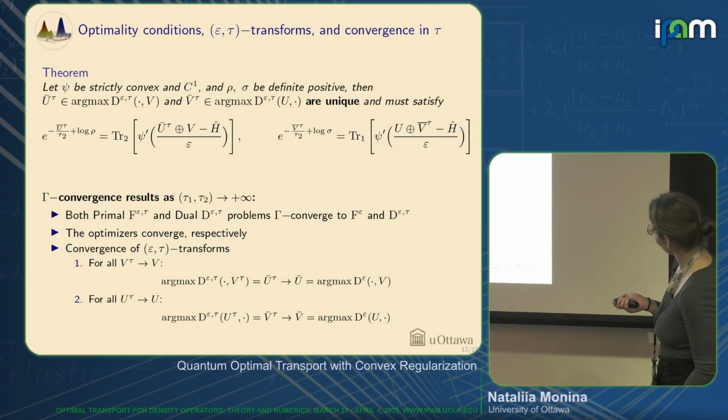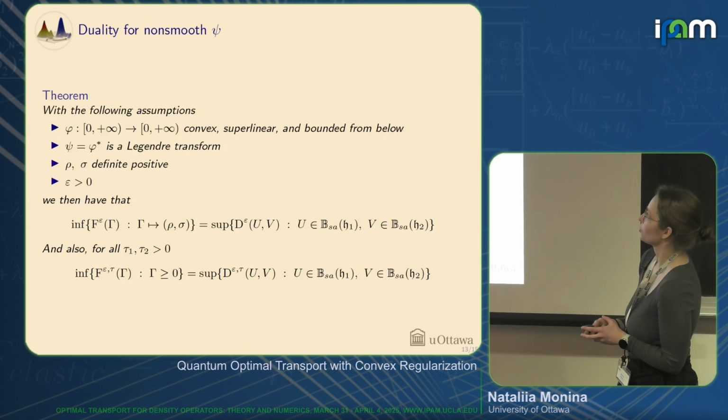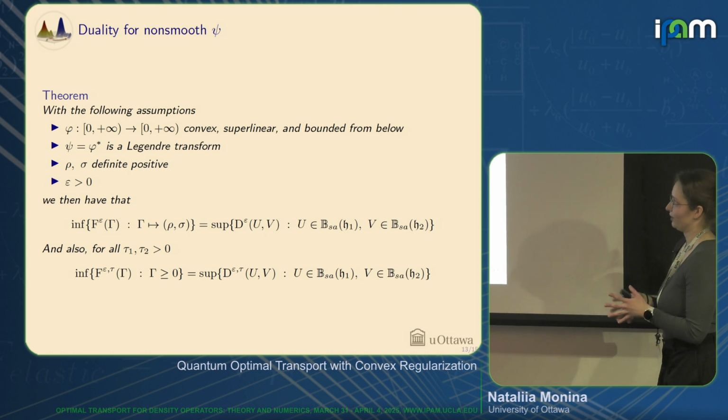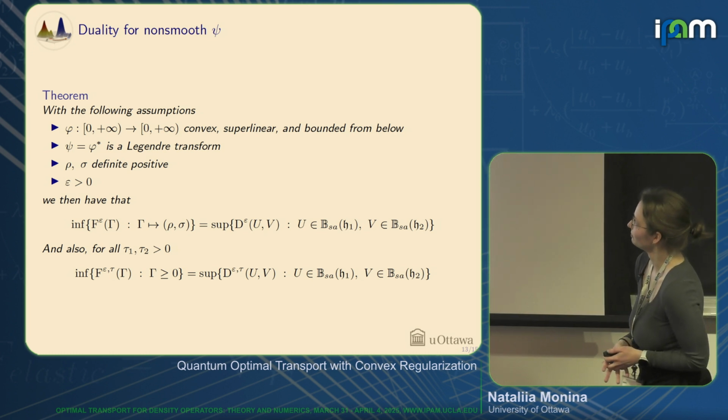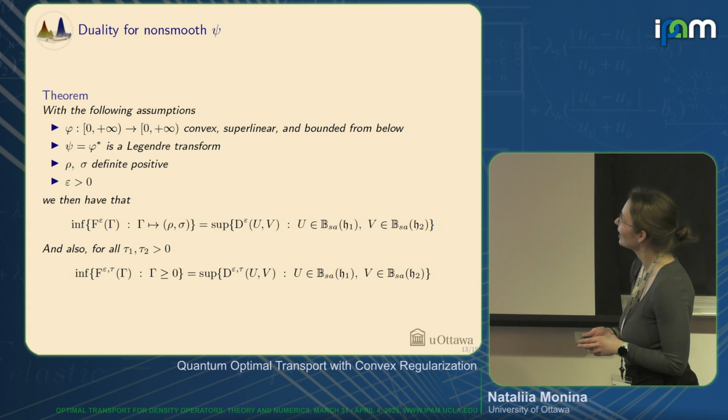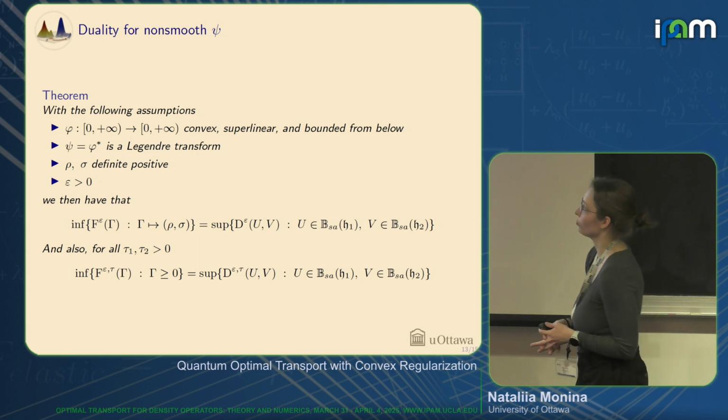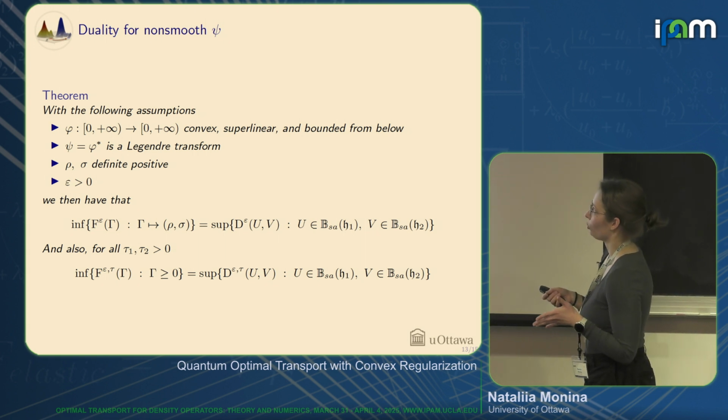Okay, there is the last slide that we were postponing until the very end of the paper. We actually showed the duality also for non-smooth psi. Before, we only considered that the regularization has to be C1 and strictly convex.